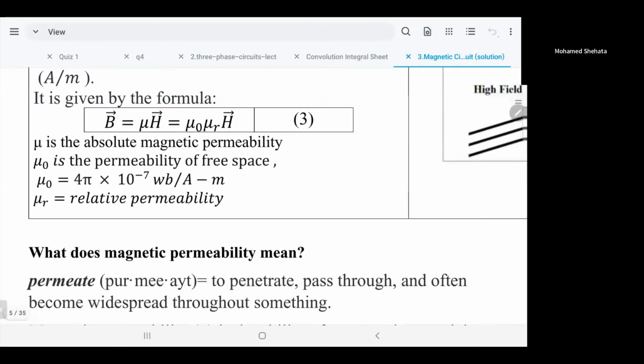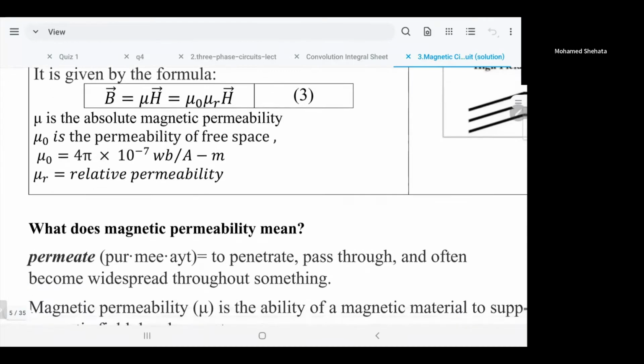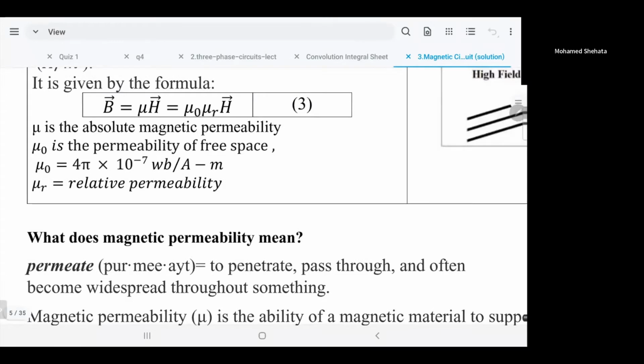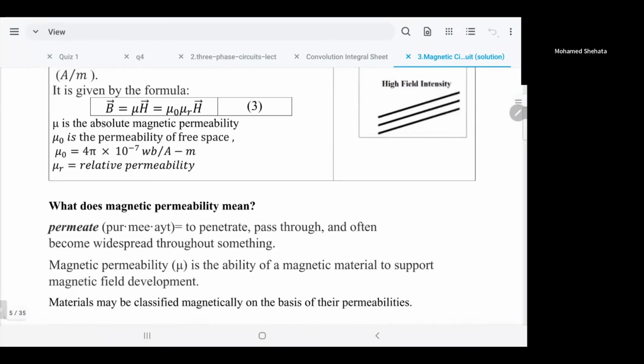As you see here, mu is equal to mu naught mu r, the free space permeability times the relative permeability. And usually relative permeability will be like a complete integer number, like 100, 200, 500 times, of course meaning times mu naught. And I will show you a table in a while.